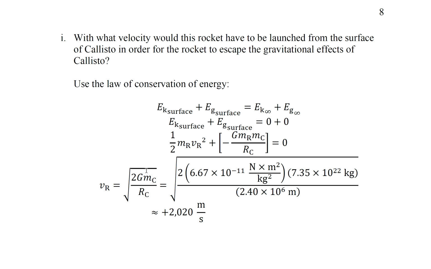Part I, with what velocity would this rocket have to be launched from the surface of Callisto in order for the rocket to escape the gravitational effects of Callisto? So use the law of conservation of energy. So you need to throw an object up with the minimum speed of this for it to leave Callisto's gravitational pull.